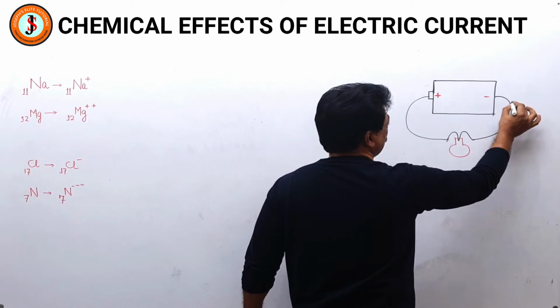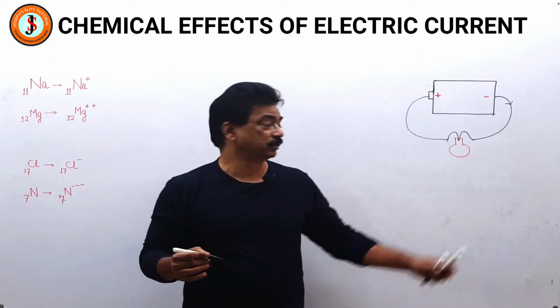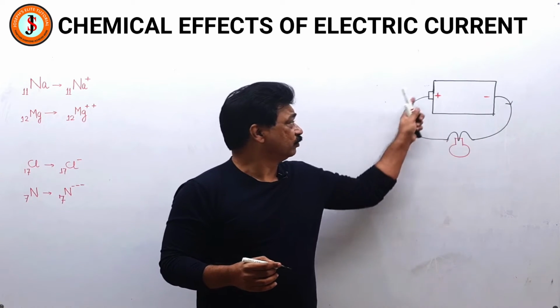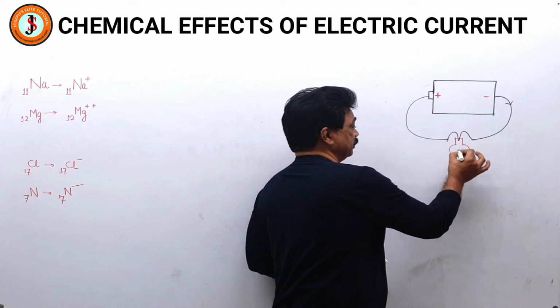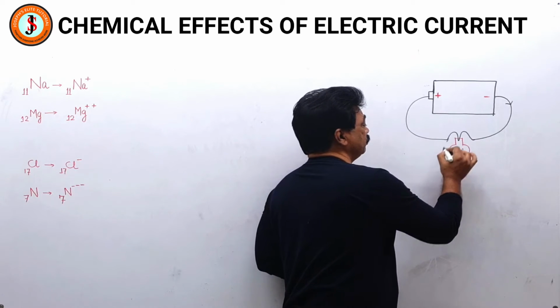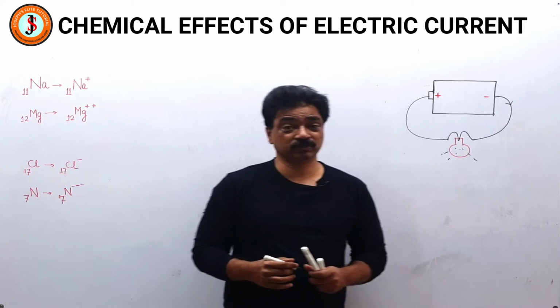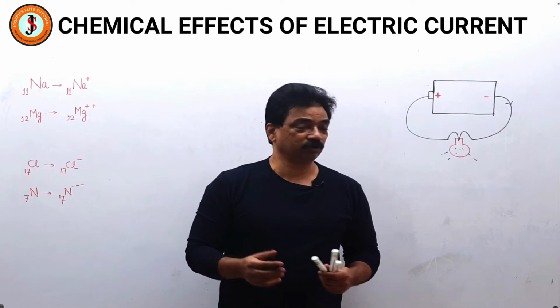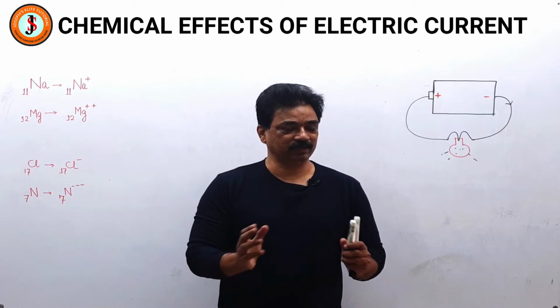Then electrons come out from the negative terminal and flow through the material and then they go to the positive terminal and complete an electrical circuit. Then the bulb will start glowing because heating will take place due to movement of electrons through a conductor, and the bulb will glow. This is the gist of how electricity is conducted.